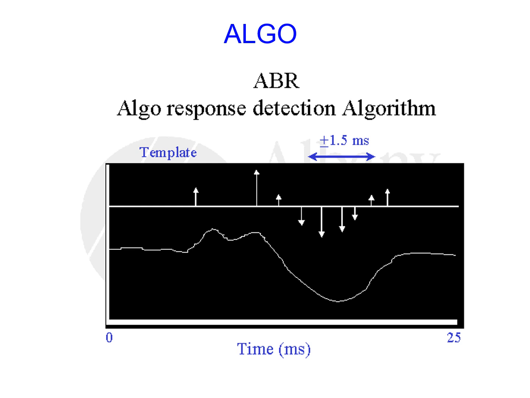This is another slide showing similar ideas for ALGO. It's a response detection algorithm. At the bottom is the recording from an actual participant, and on the top is the template. On the template, we expect to see up, up, up, and down, down, down, down, and then up, up at these different locations.